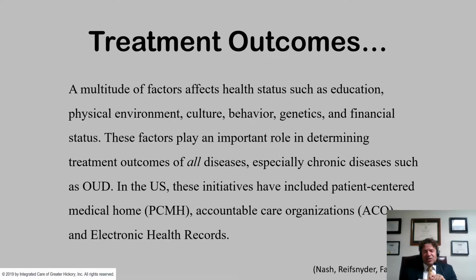This is particularly true with chronic disease such as opiate use disorder. And we've seen some of these initiatives in our country surrounding patient-centered medical homes, accountable care organizations, and even electronic health records, which allow for easy exchange of information between providers for the same patient.